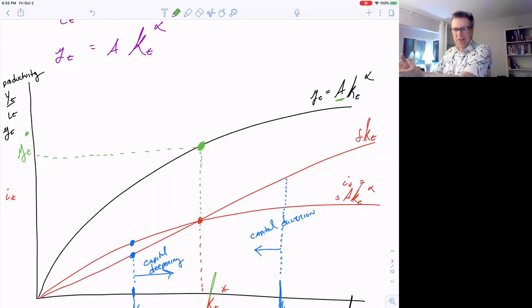When that changes, then if that increases, this black line shifts up and incomes rise and there's growth in the economy, but it's determined outside this model, not inside this model. So although this model is a model of growth, one of the first growth models, growth doesn't happen in this model. The growth is exogenous.